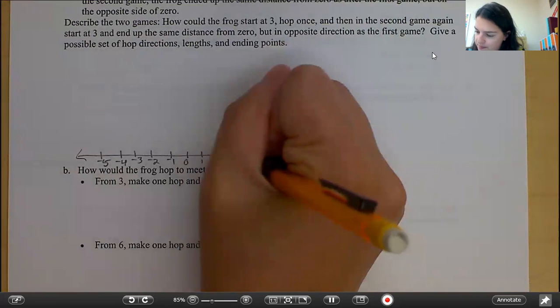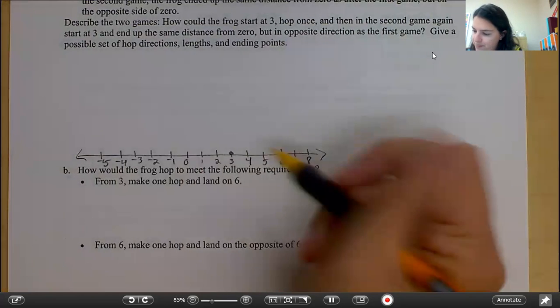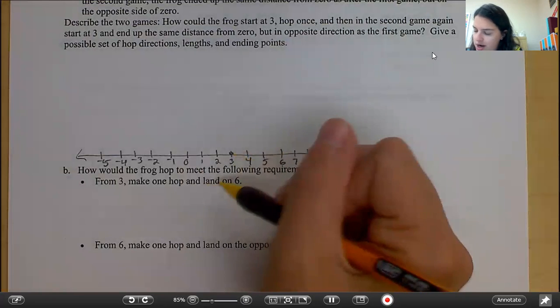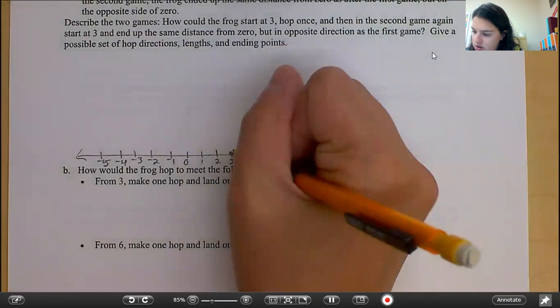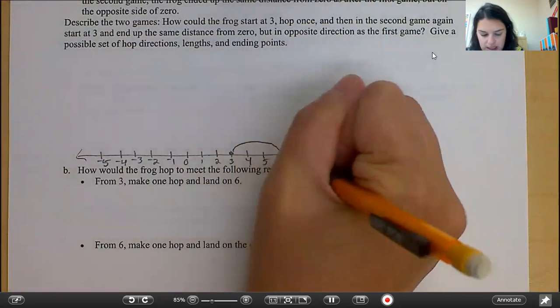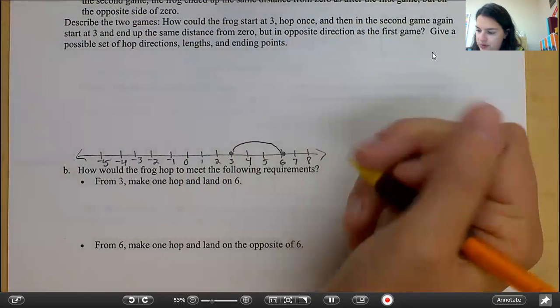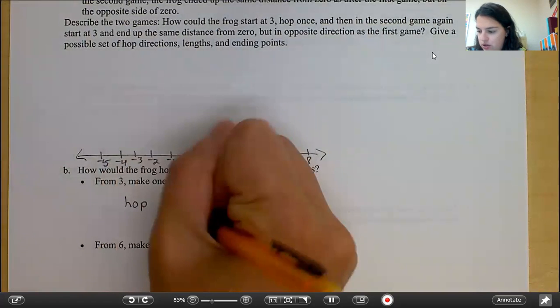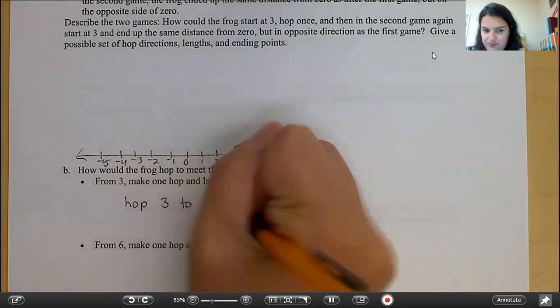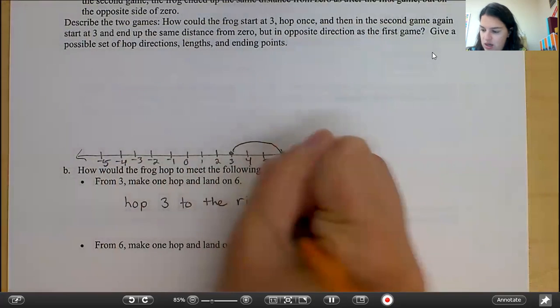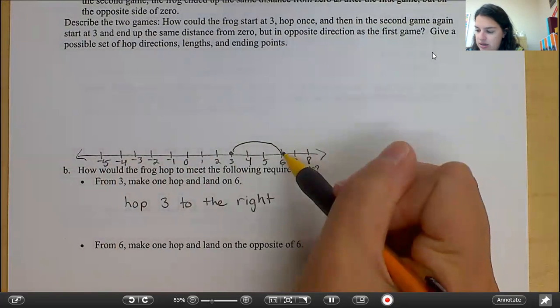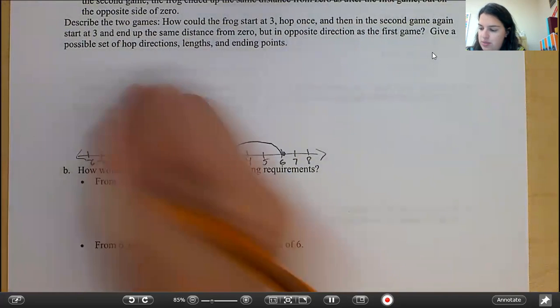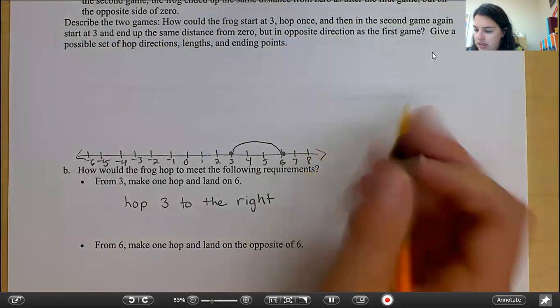So if we're at 3, we need to make 1 hop and land on 6. So 1 hop, land on 6. So he needed to hop 3 to the right. So from 6, we need to make 1 hop and land on the opposite of 6.